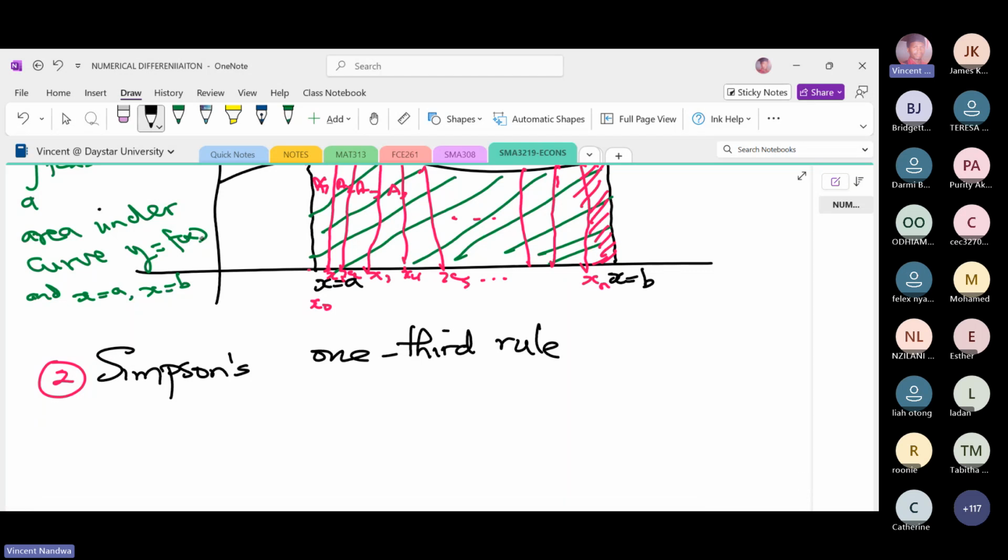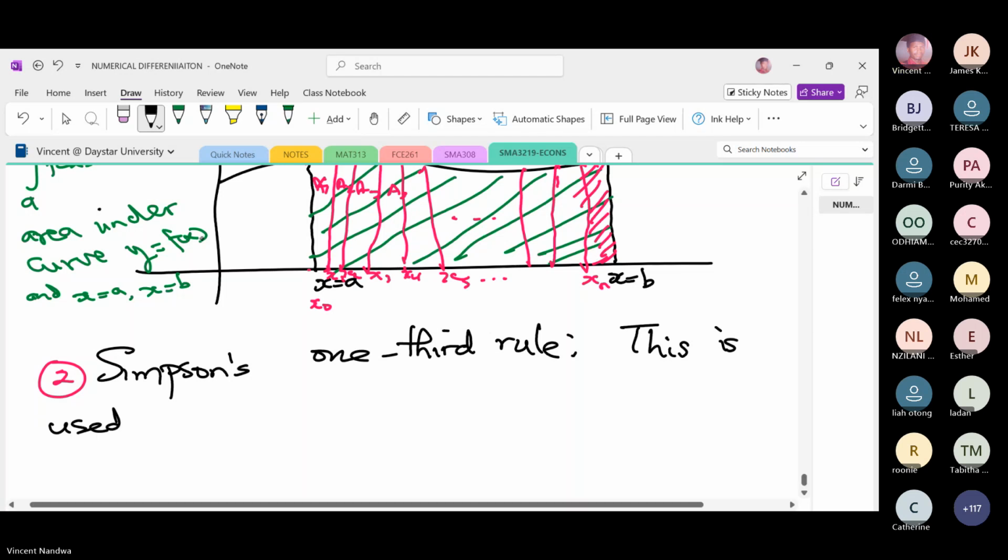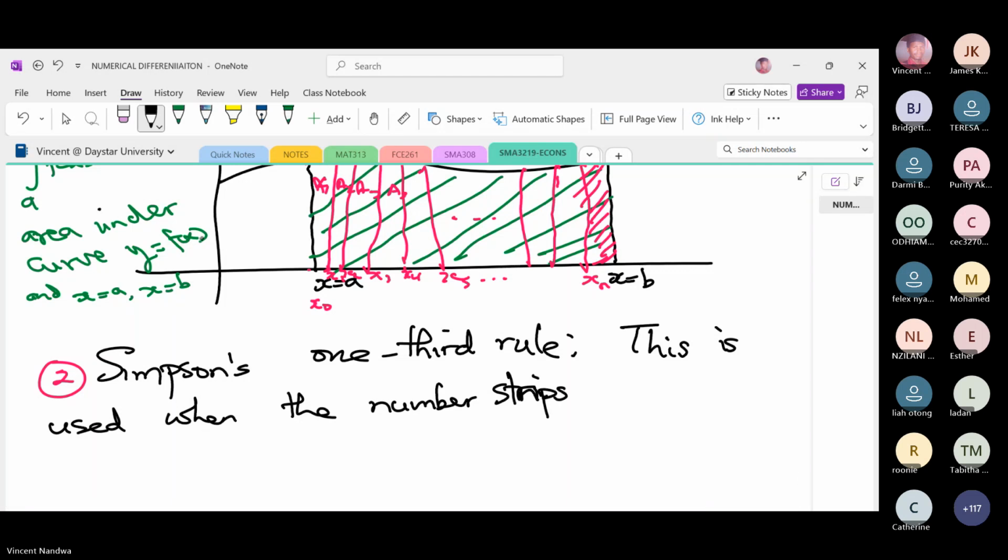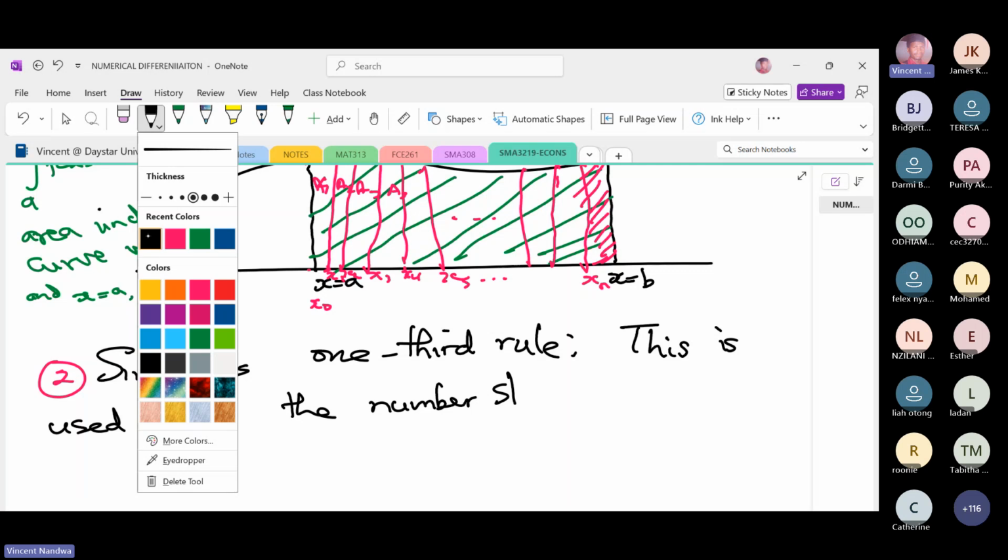So this is used when the number of strips or subintervals is even. So when you don't have an even number of subintervals, then this method will not work. That should be very clear from the start.